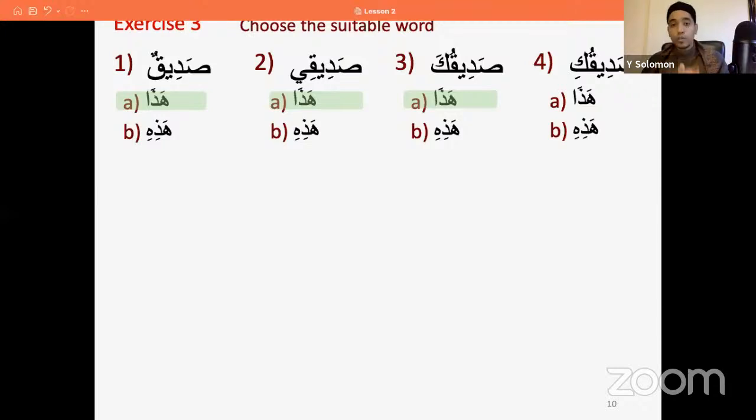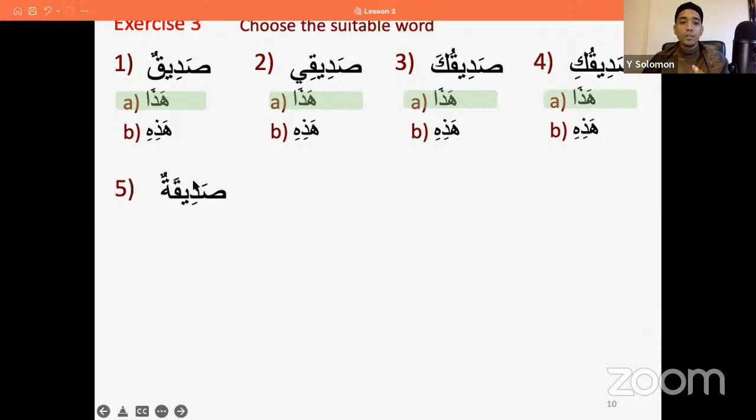We look at the first word. So based on that, is it هذا صديقك or هذه صديقك? Let's see. You can answer from now. Excellent. So now we're seeing a uniform answer. Correct. That's a good sign.